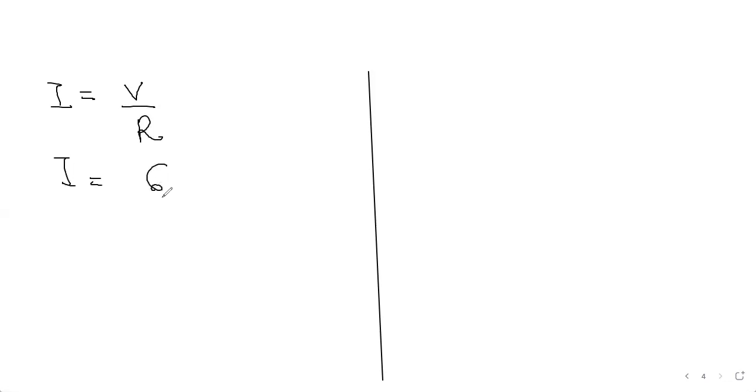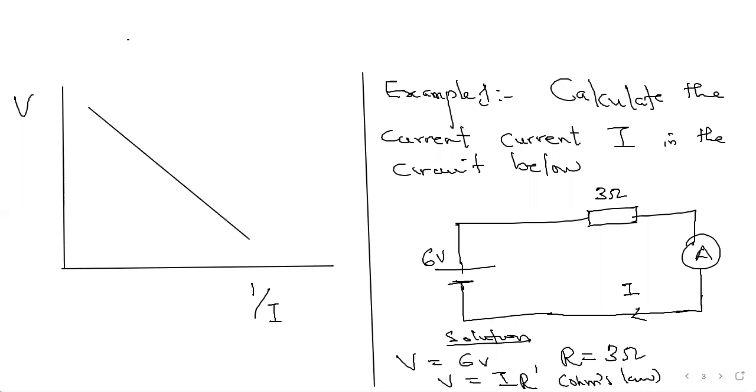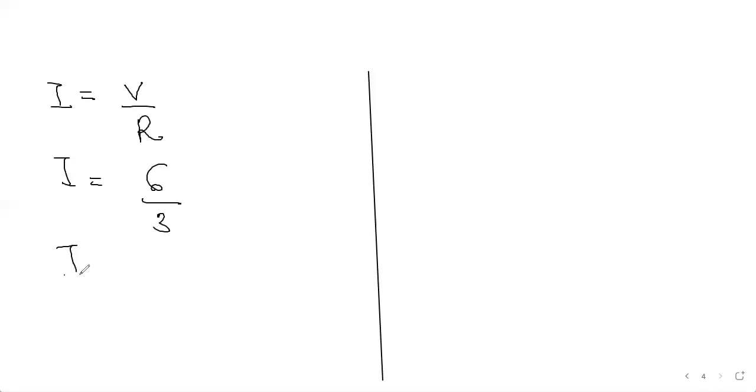By making I the subject of the formula, it will be V over R. So I will be 6 divided by 3, and I will be 2 amps. So that's the current. That's how you calculate it when you have voltage and resistance.